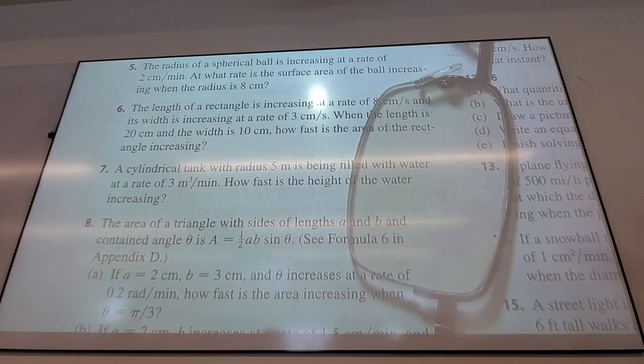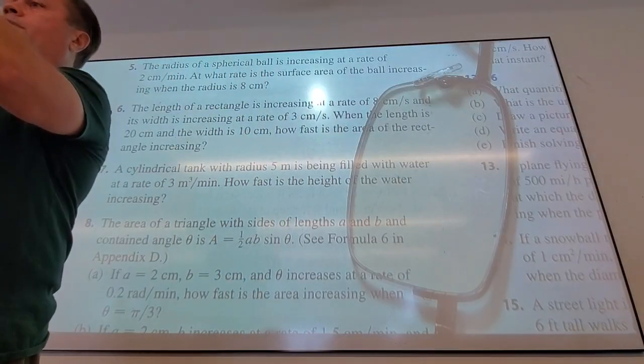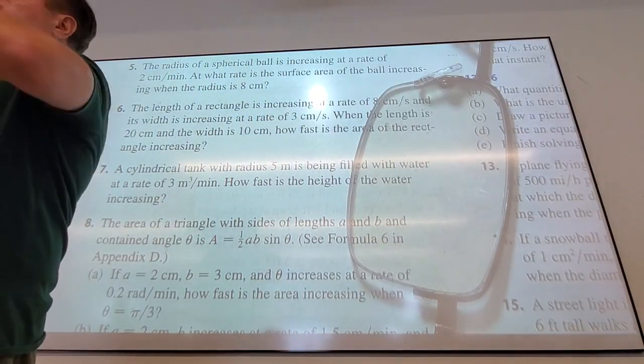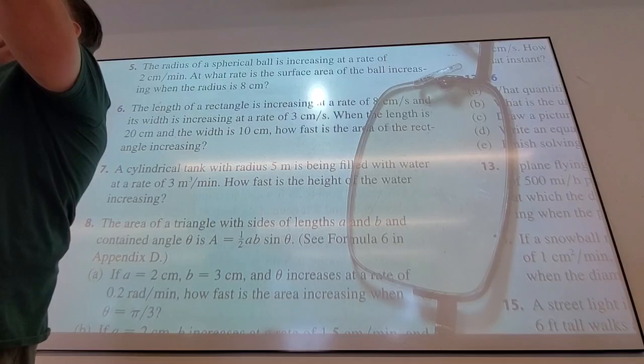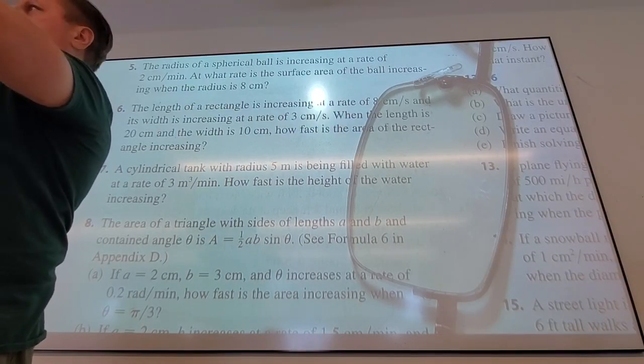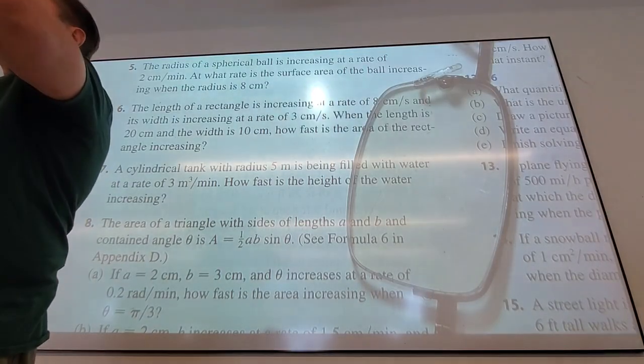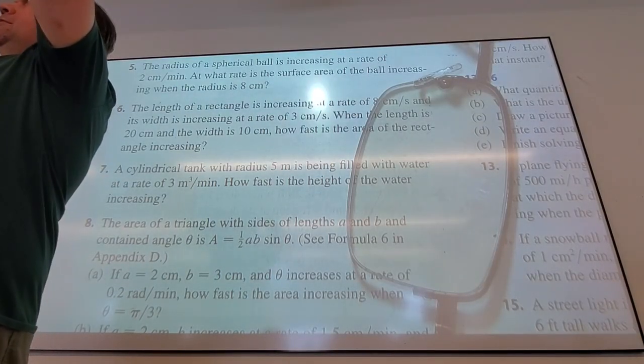So the bottom of a cylinder is a circle, correct? So the area of that circle is pi r squared. The height of the cylinder is kind of like how many circles I have stacked up. If h is the height, I have h times pi r squared.